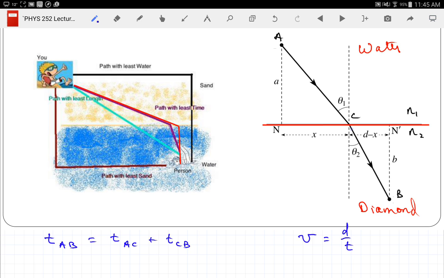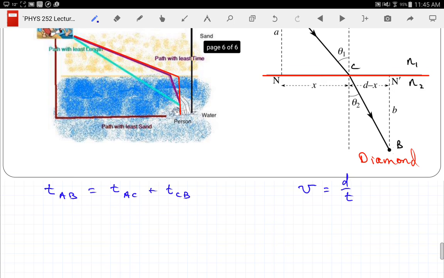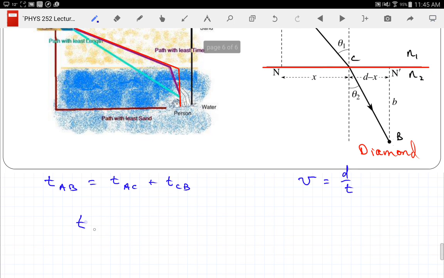So going from A to C, I'm going to have the time is equal to the distance from A to C divided by the speed from A to C. Does that make sense? That's what you said, right, Tori? Okay.